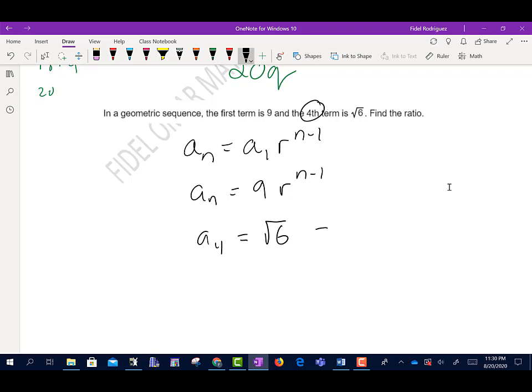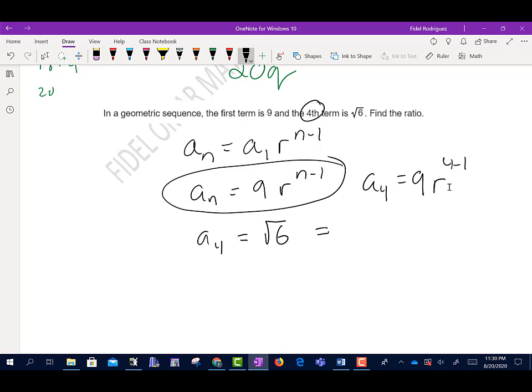Okay. But the fourth term, if I were to use this formula right here, right? A4 would be equal to 9 times r to the power of 4 minus 1, right? Which would be equal to 9 times r to the power of 3.